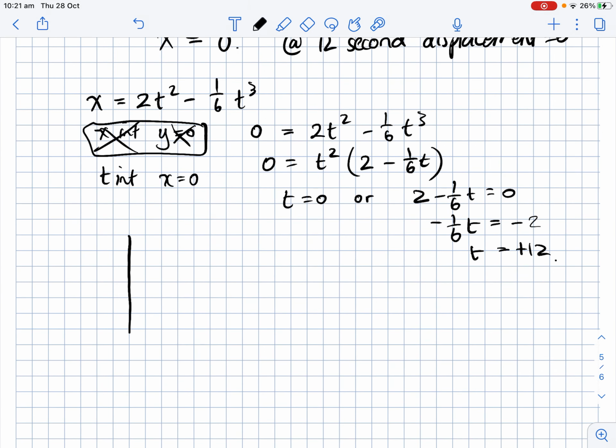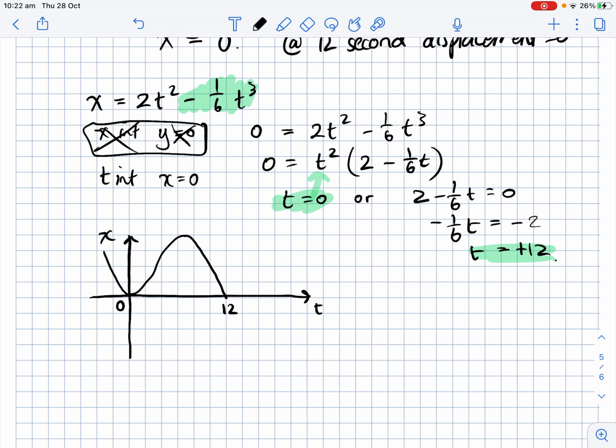So if I put those bits together, we've got the graph on the straight line above, but we can also do my displacement graph, x and t. It was a negative cubic, and it has intercepts at 0 and 12, and this 0 comes from the squared part, so that's also a turning point. My graph looks like this.